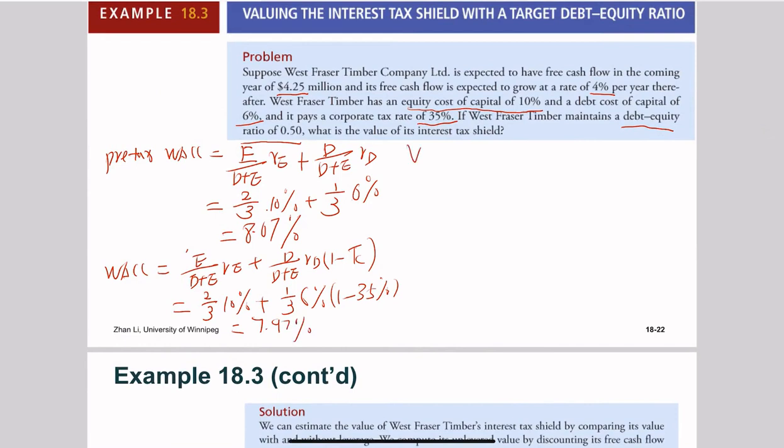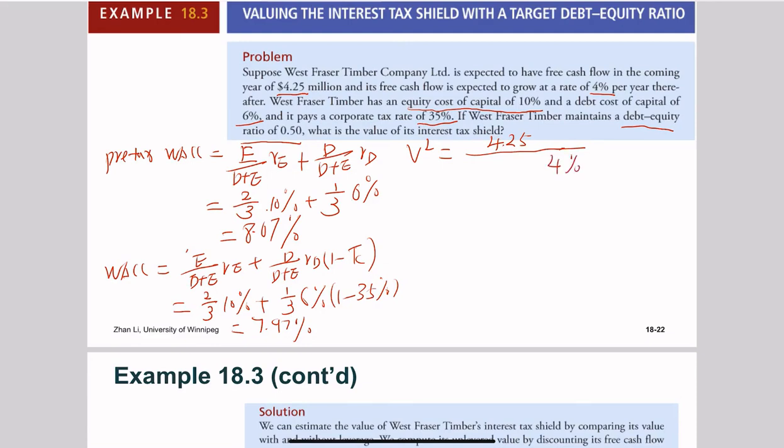Now let's value the firm's cash flows. So the levered value. We will use the constant growth model, right? Because we know in the first year you will have 4.25, and you would grow your free cash flow at a rate of 4%.